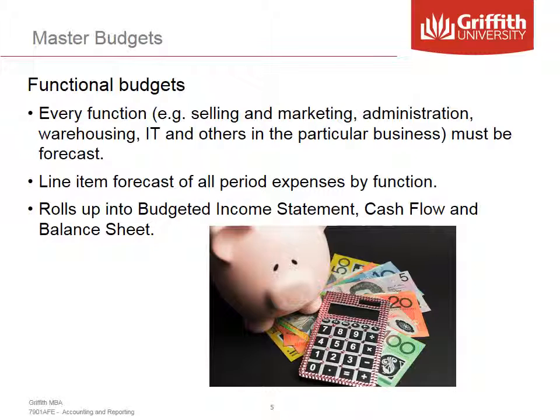And that will inform the way that you forecast every item by understanding its fixed components and its variable components. Now, once we've forecast all of the detail, then we can start to roll up all of those detailed budgets until eventually they roll right up into a budgeted income statement, a budgeted cash flow statement, and a budgeted balance sheet.